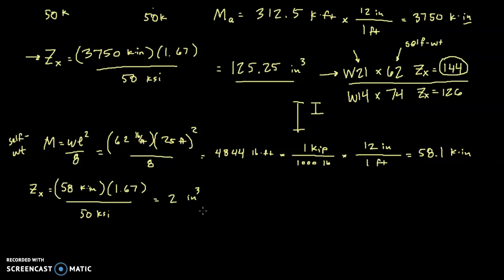additional cubic inches of section modulus, if I add that, the total required ZX would be the ZX I calculated earlier, 125.25, and let's say I add the 2 additional inches to the third required for the self-weight.